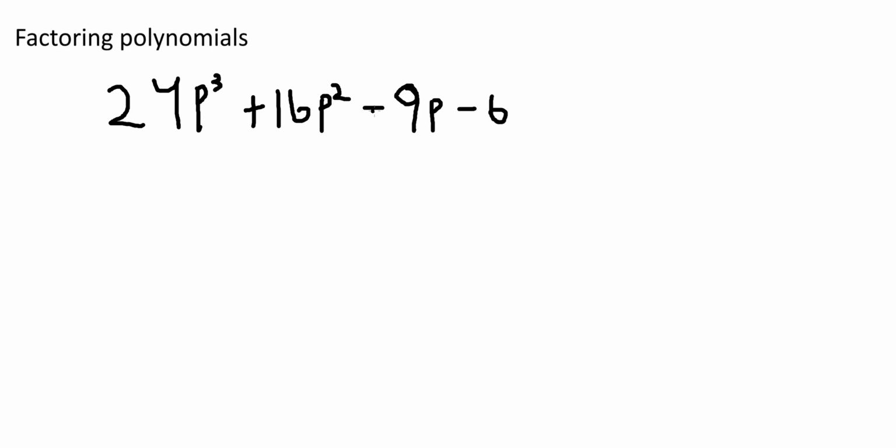So notice something about this. We have negative 9p minus 6, and you notice that these two numbers right here have a greatest common factor, GCF, of 3.